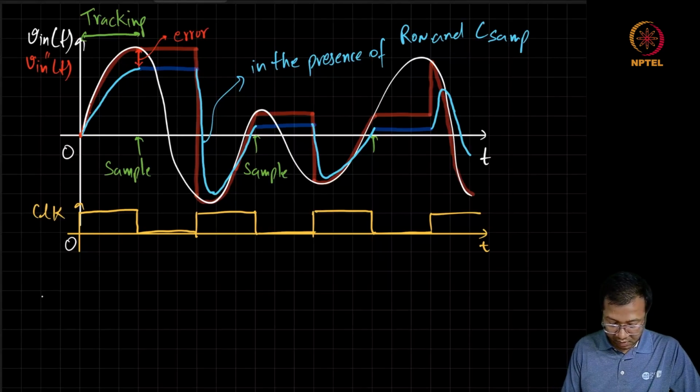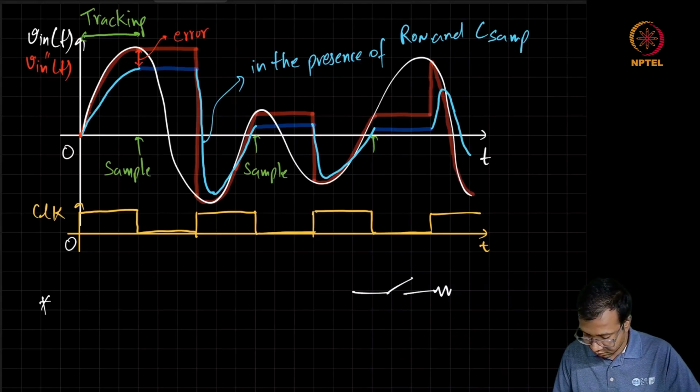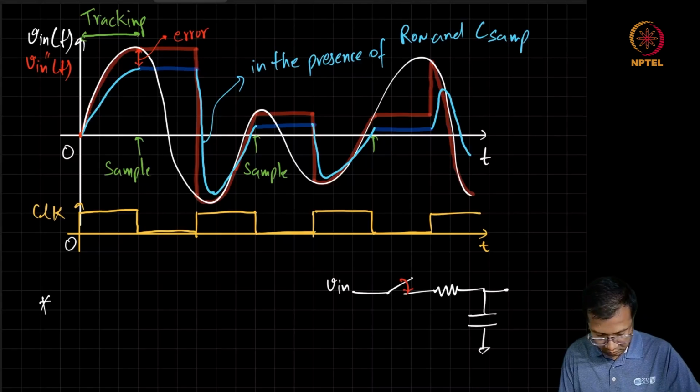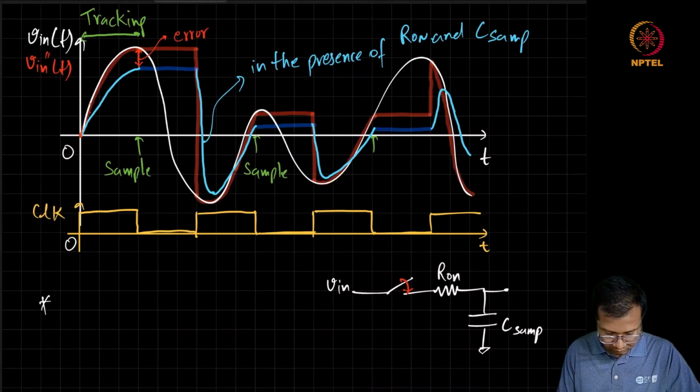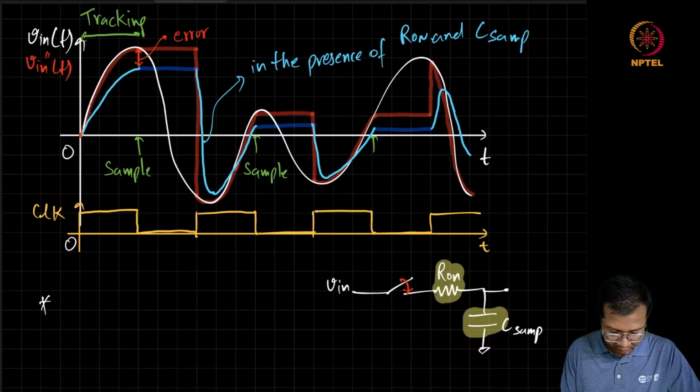And this can be ensured if we make sure this low pass filter which is getting formed by R on and C sample has a bandwidth which is much higher than the signal which is being applied.